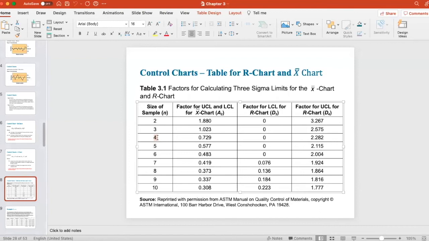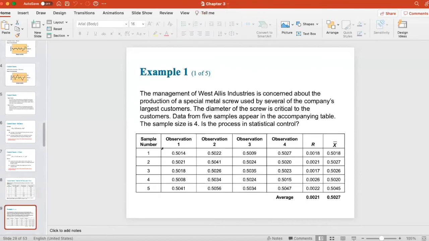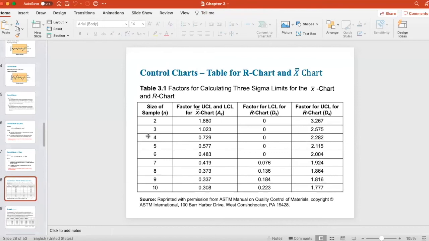Here I really want to emphasize something. I found that many students are a little bit confused about the meaning of N. It represents the number of products within every sample. It doesn't represent how many samples we have within this specific application. What is the key difference? In every sample you have 4 observations, so that's why N equals 4.